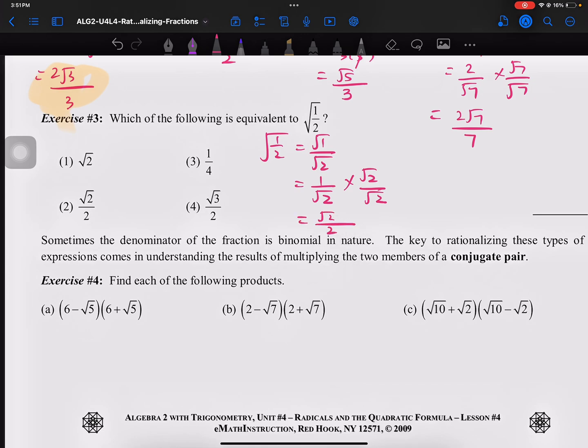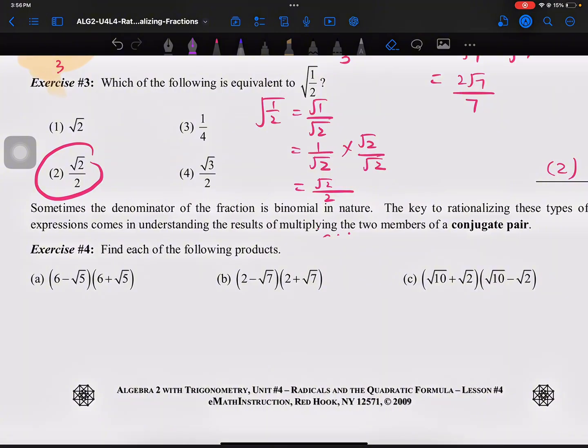So for number 4, you can see that a monomial denominator has one term, like √3 or 3√5. We already rationalized those. But a binomial denominator has 2 terms, like √2 plus something, or √7 minus 3.